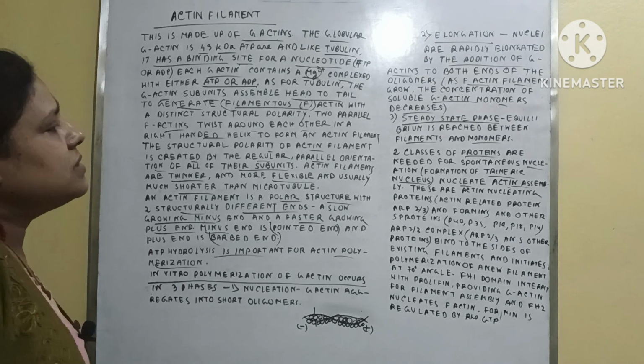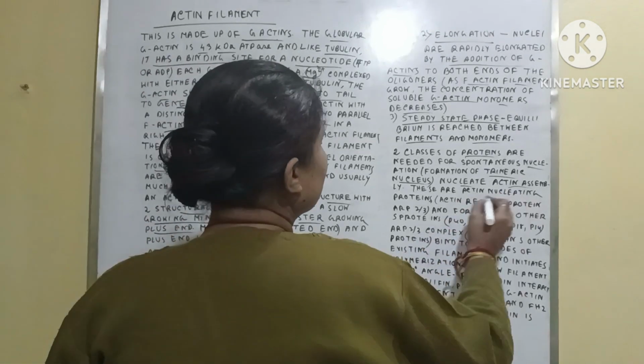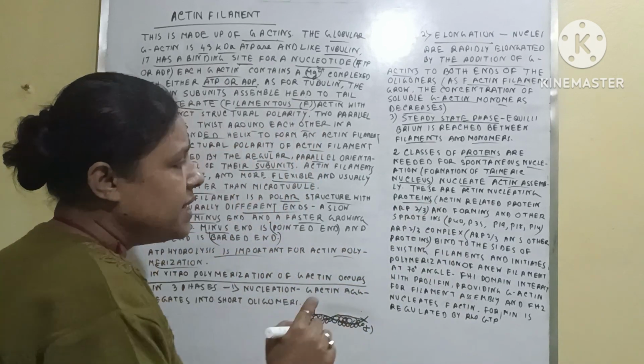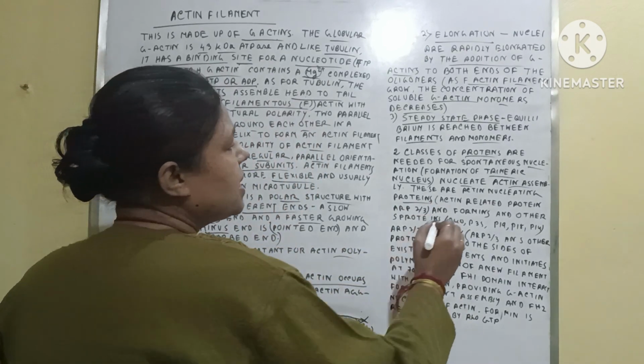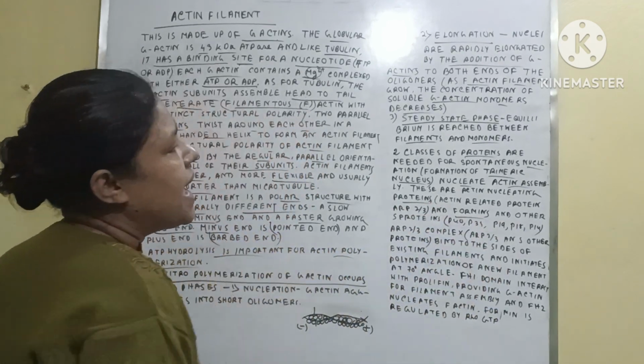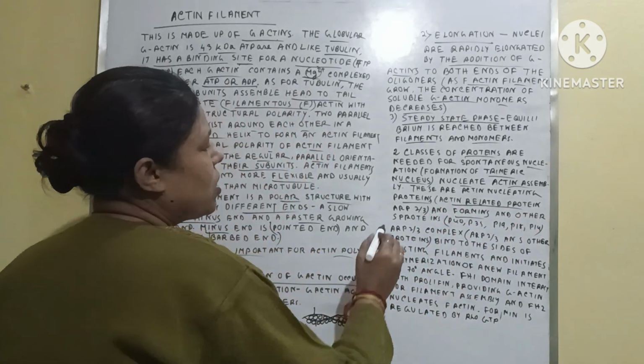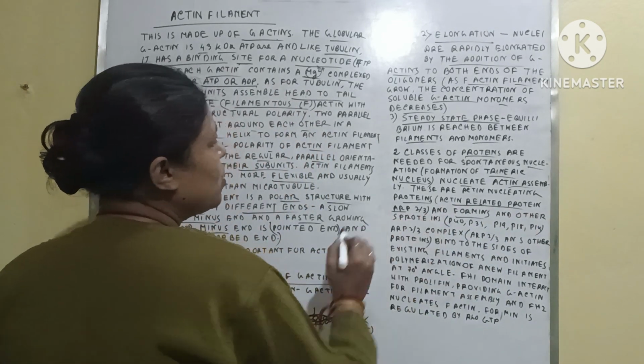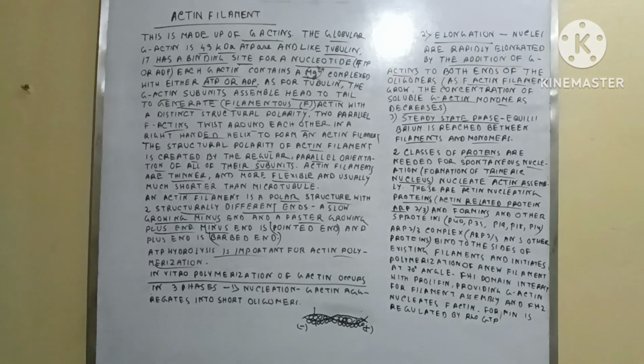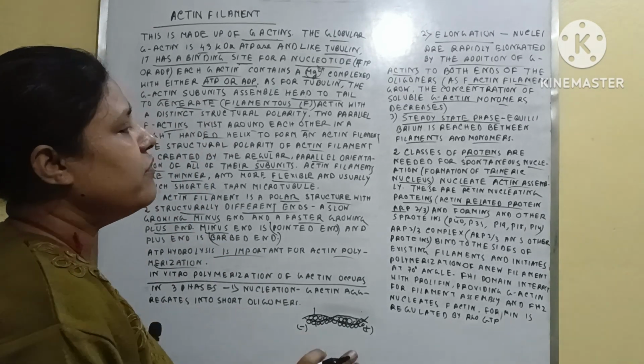Next, these are the actin nucleating proteins. What are the names of these proteins? One is the formins and another is the actin related protein, or ARP 2/3. These two proteins are very important.